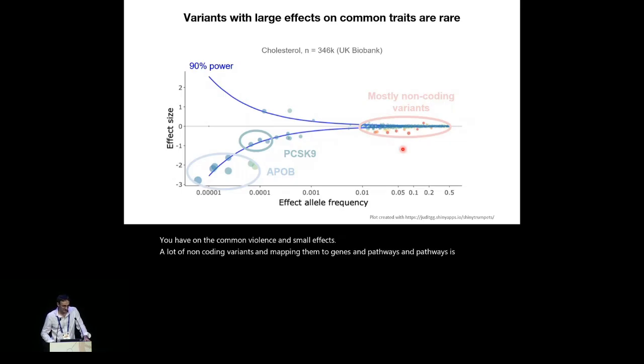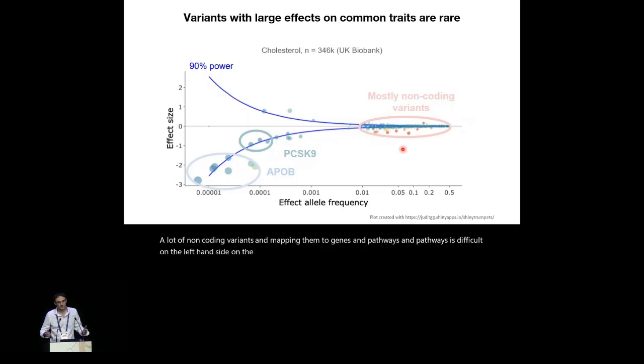On the left-hand side, on the other hand, you're more often finding variants that affect directly protein sequences, sometimes even loss-of-function variants. So finding the genes and the pathways is easier. At the same time, the effects are also stronger. So this gives good entry points for developing therapies.